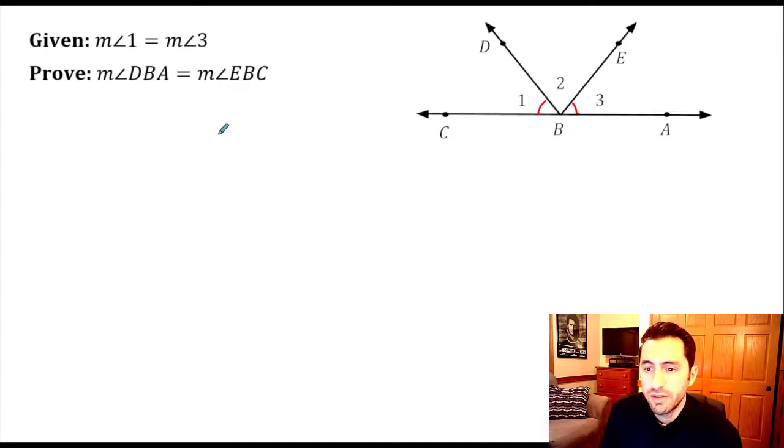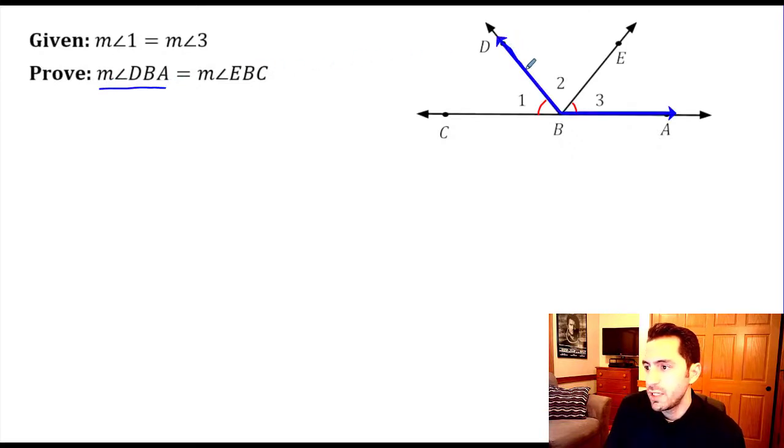And then the statement I want to prove is that the measure of angle DBA is equal to the measure of angle EBC. So why don't I just highlight those two angles so we get a better idea of what we're looking at. So the measure of angle DBA, I'll highlight that in blue.